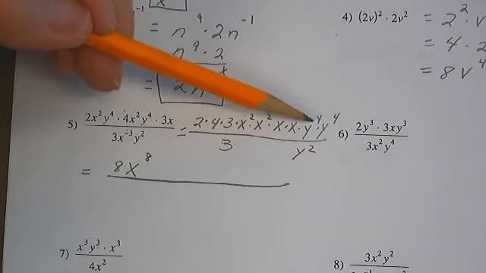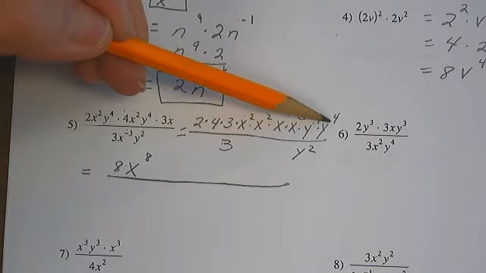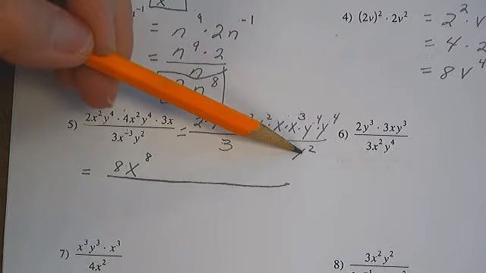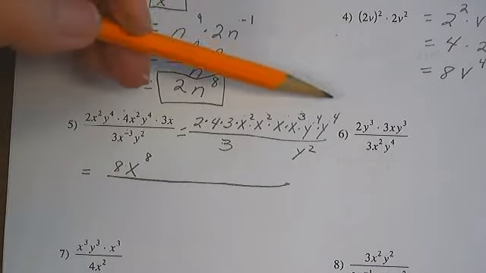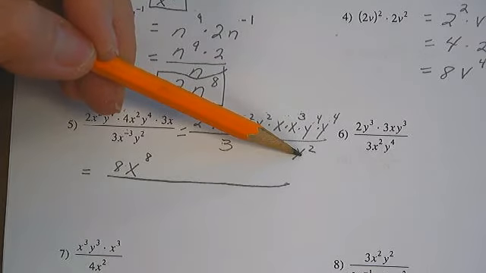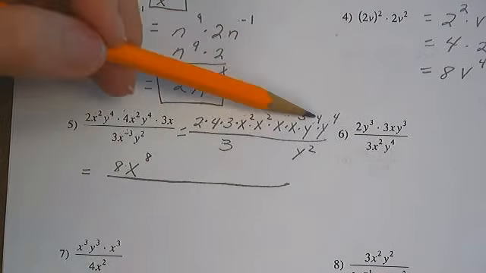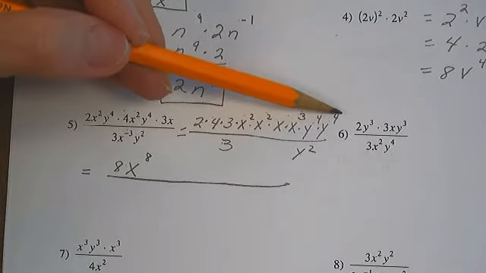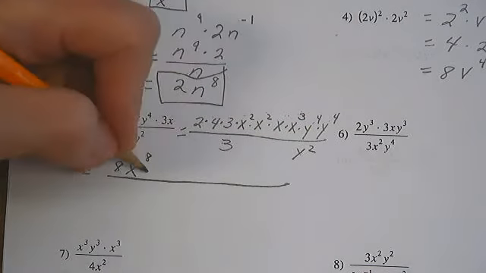and here I have y to the 4th times y to the 4th, which is y to the 8th, divided by y squared. That would give me y squared divided by y squared, which is what? That would be 1. Leaving me with y squared times y to the 4th.